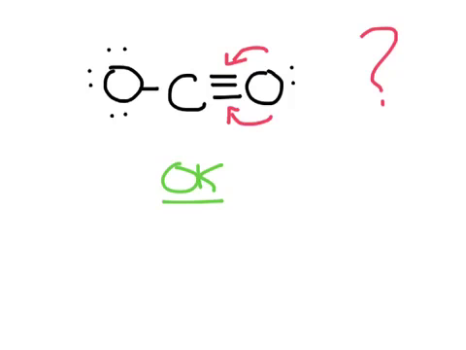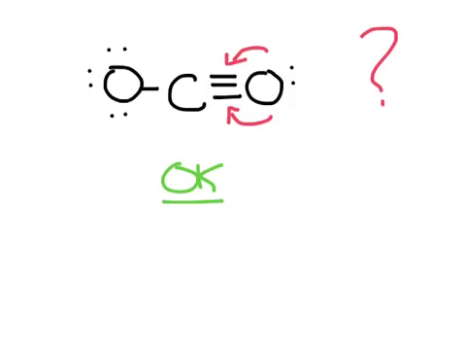I would prefer that you try to do double bonds before you do triple bonds. So what that means is that before you make a triple bond somewhere, make a double bond with other atoms if it's possible. Okay, so that's usually the better way to go. But in this particular case, no, that would not be incorrect, and indeed this is one of the resonance structures that you could potentially have.